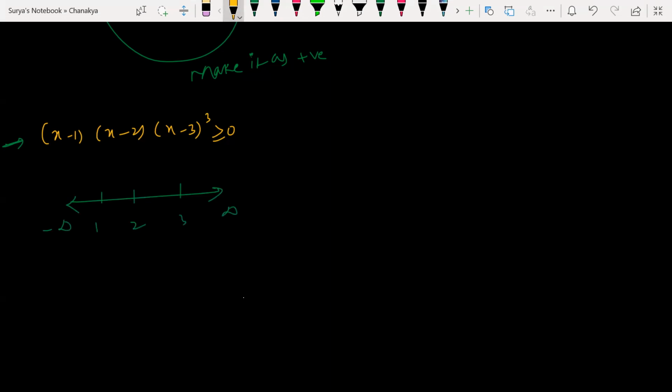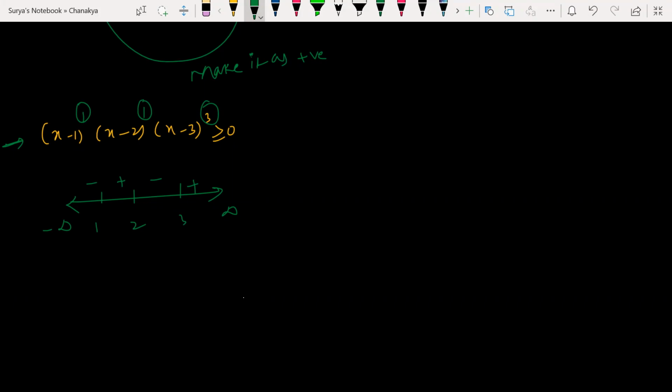Can I apply it? What is my coefficient of x now? Look at this here. Everywhere I have odd powers. Power is 1 here, power is 1 here, power is 3, all odd powers. So how do I need to do it? Plus, minus, alternate signs. Yes or no? Clear?